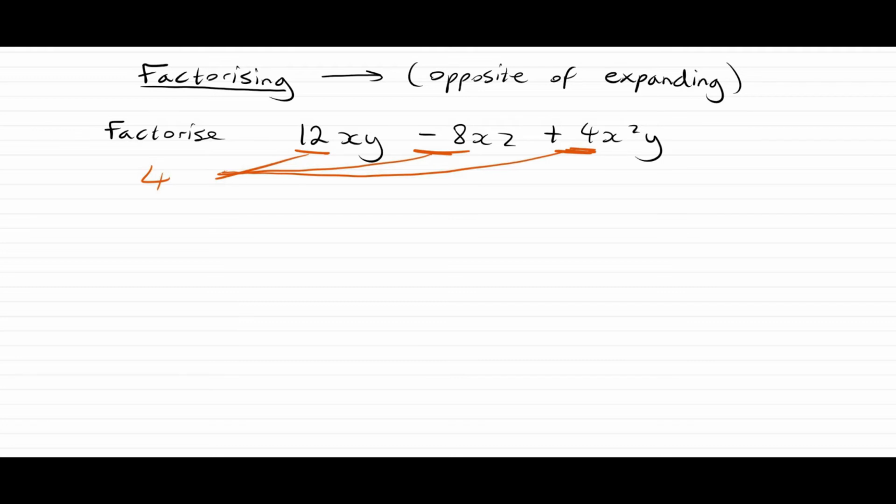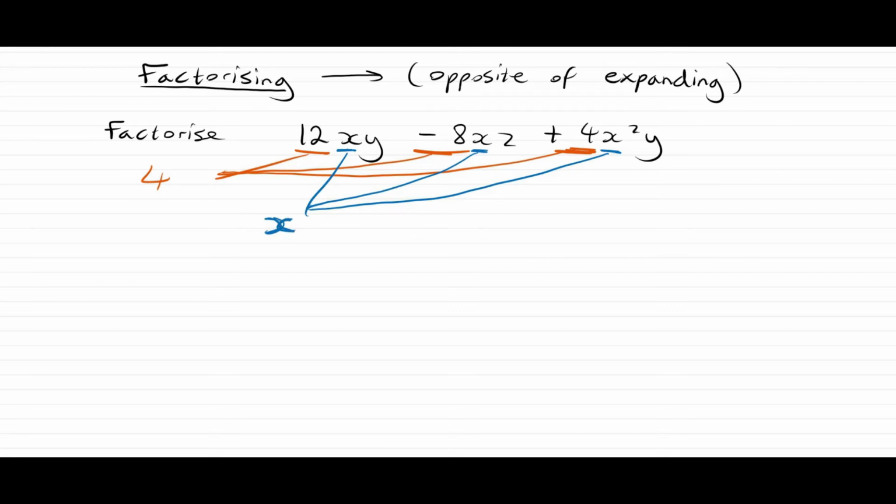Now I'll look at the x's, and funny enough, there's an x in each and every one of these terms. So basically, I can draw out an x. I can just take out an x. I can divide each and every one of these by an x. Okay?